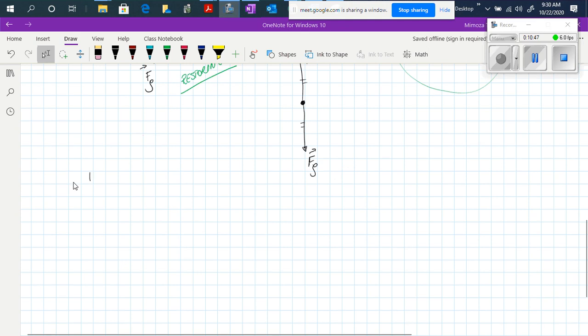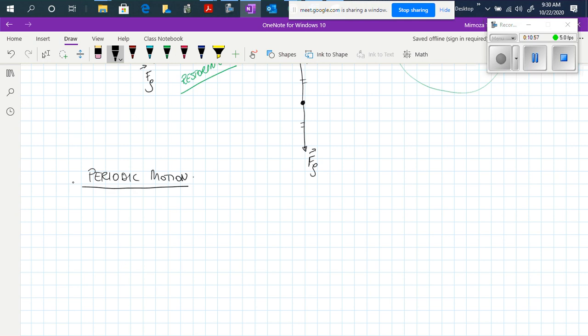Now, since we have a periodic motion, we will have to discuss what the period of the motion is and what the frequency of the motion is. Let's review again what a period is.